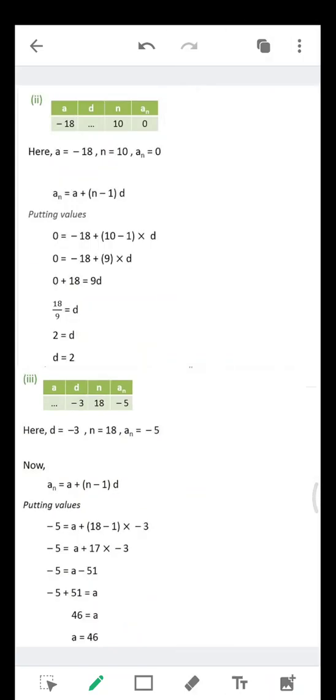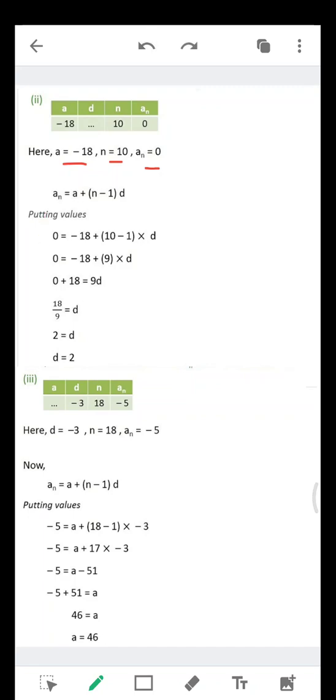Now let's see the second bit. In the second bit d is missing, that is the common difference is missing. So again I wrote the same formula, an is equal to a plus n minus 1 into d. The a value is given to us, n is given, an is also given. We have to find the common difference of that arithmetic progression. So in place of an I'll write 0, because an is 0.